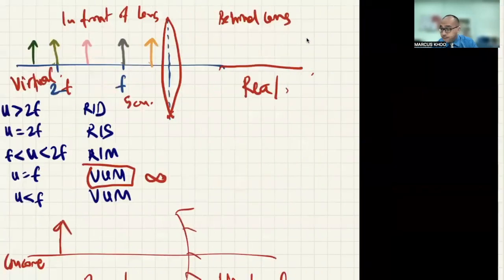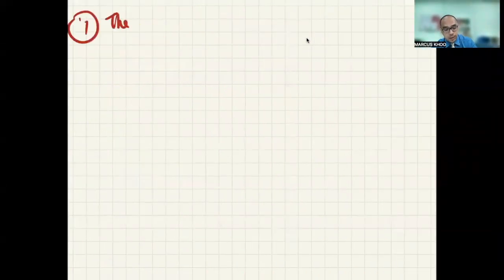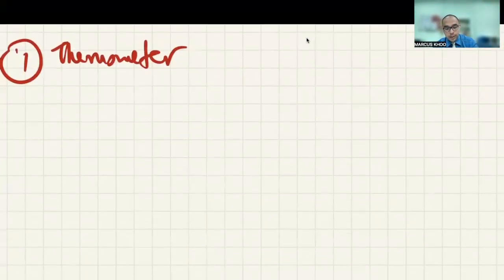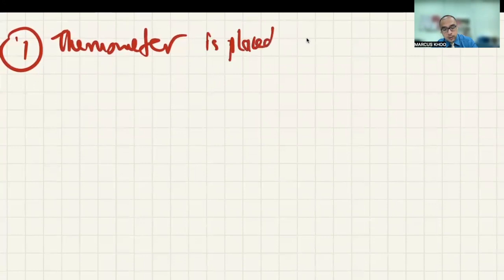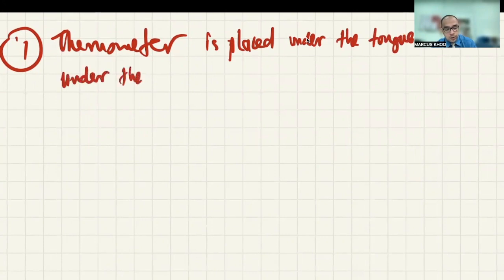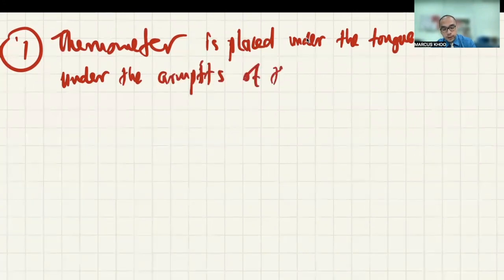Point number one, the thermometer is placed usually in the two most famous places: under the tongue, or usually we put it under the armpits of the patient. Of course, there are other places to put it, but let's just take the two normal ones.